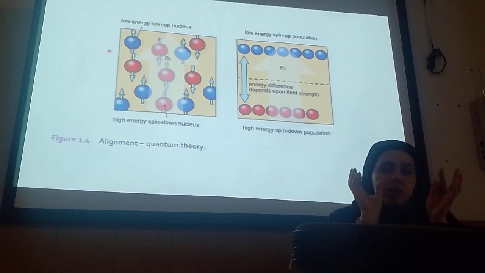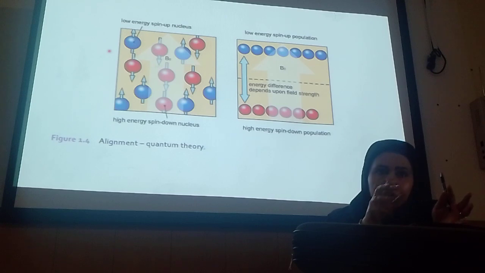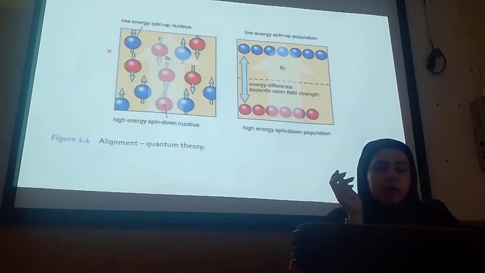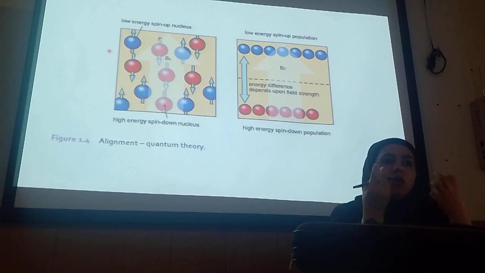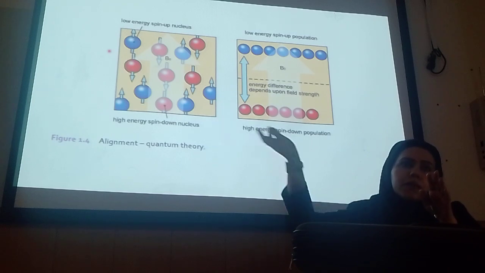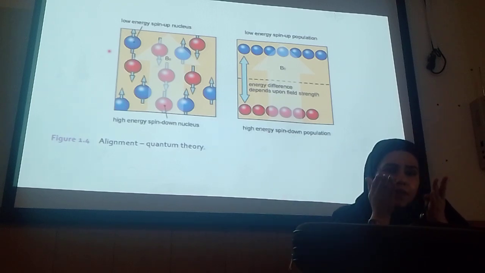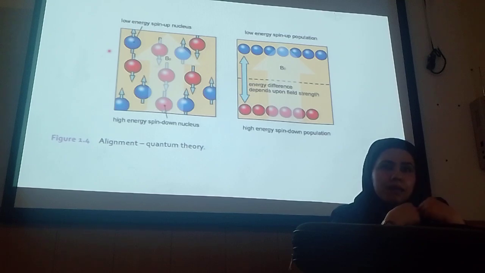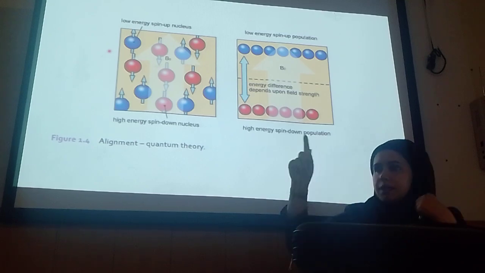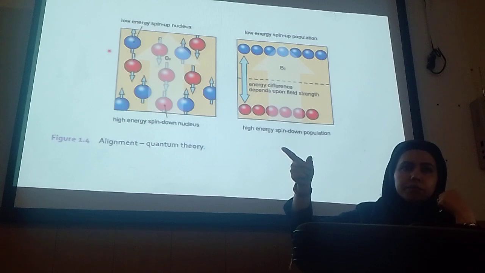The summation of magnetic moments is magnetization. We are speaking about the magnetic property of the object itself, not the external magnetism. But we have an interaction between the magnetic property of the object and the externally applied magnetic field.